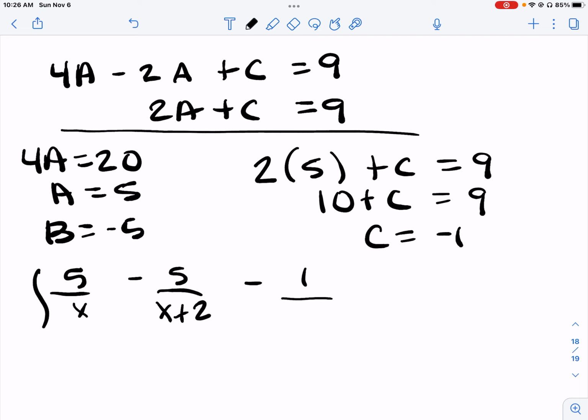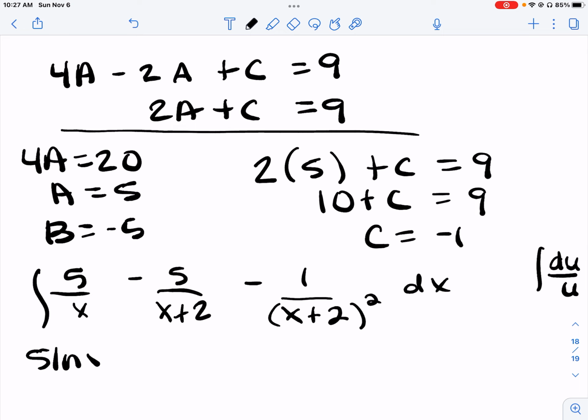Minus 1 over x plus 2 squared dx. Okay. The x and the x plus 2 are in the form du over u. So this is 5 ln x minus 5 ln x plus 2.